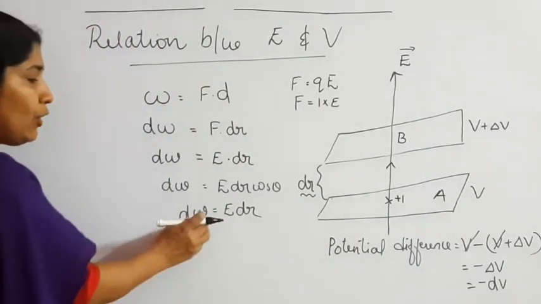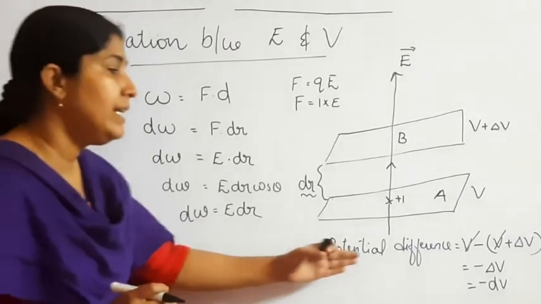Then instead of dW, we can write minus dV.